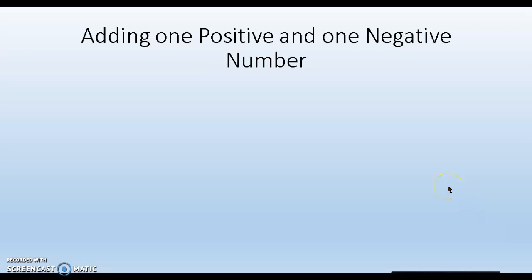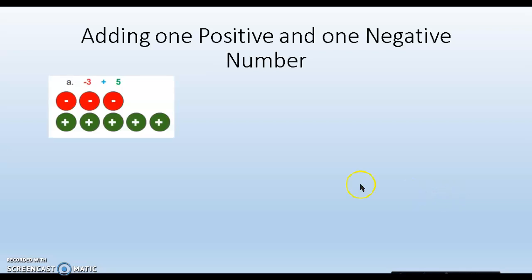Let's look at adding a positive and a negative number that aren't opposites. -3 plus 5. So we have our counters. We have 3 negatives and we have 5 positives. Each pair is a 0 set, so we have to look at what we have left.